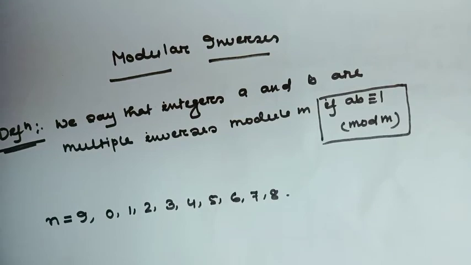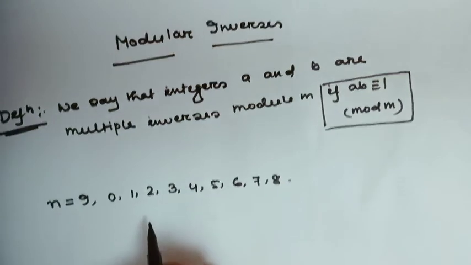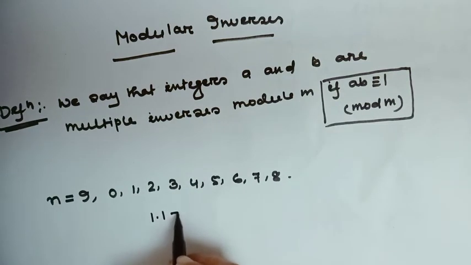Let n equal 9. That means here we work modulo 9, so 0, 1, 2, 3, 4, 5, 6, 7, 8 are the elements of modulo 9. We all know 1 times 1 equals 1.